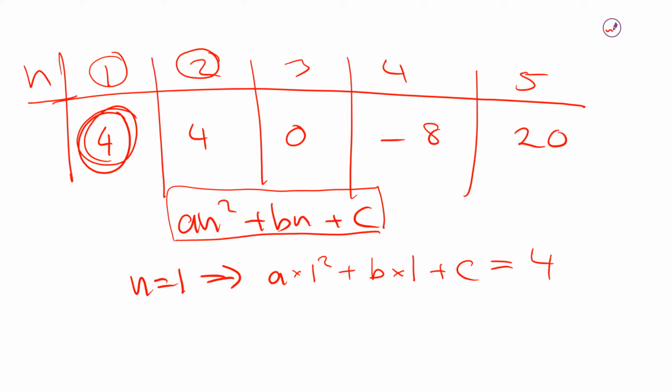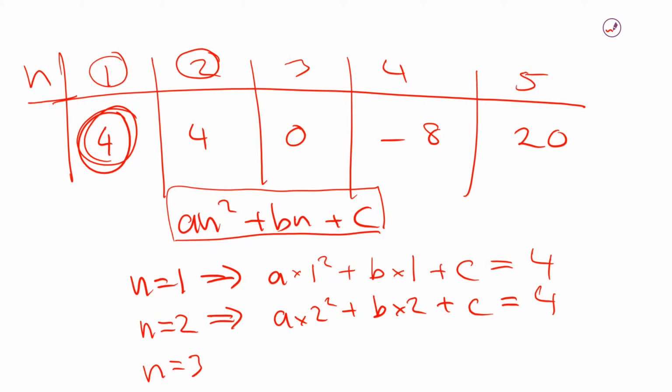When n is 2, let's write that down. When n is 2, a times 2 squared plus b times 2 plus c would equal, guess what? 4. Still 4. And when n is 3, a times 3 squared plus b times 3, plus c, equals 0.